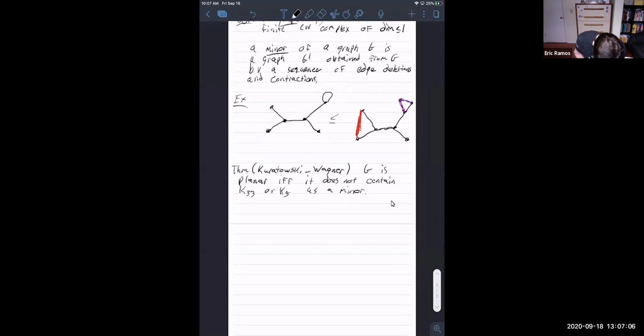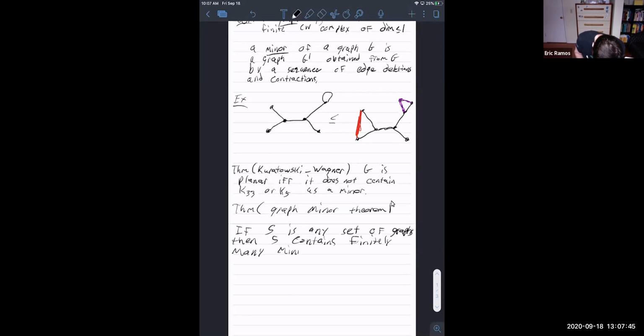The more general theorem, called the graph minor theorem, says the following: if S is any set of graphs, then S contains finitely many minimal elements with respect to the minor order.